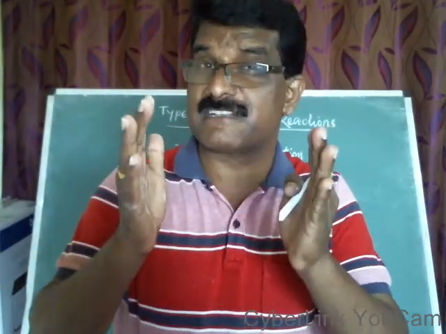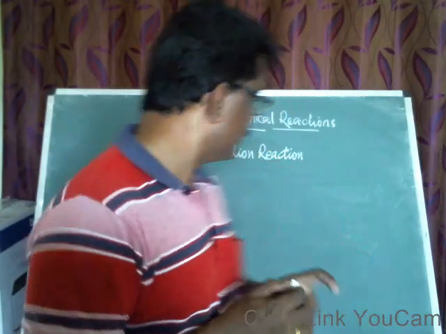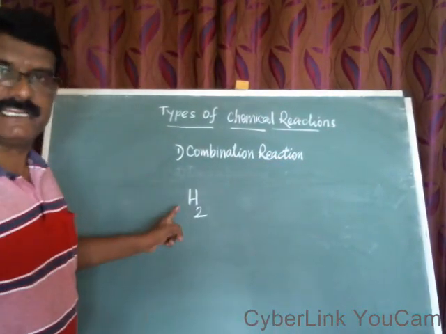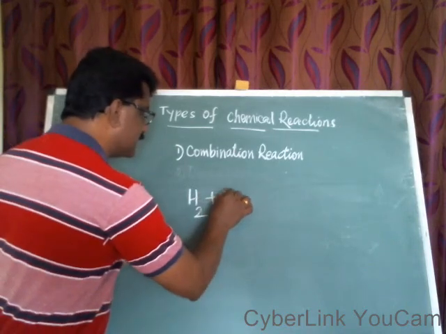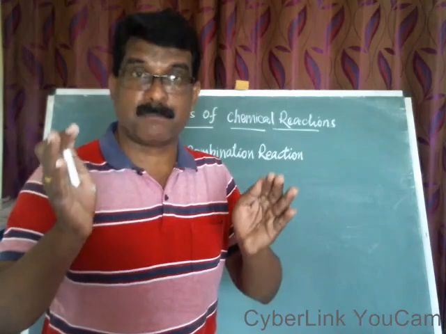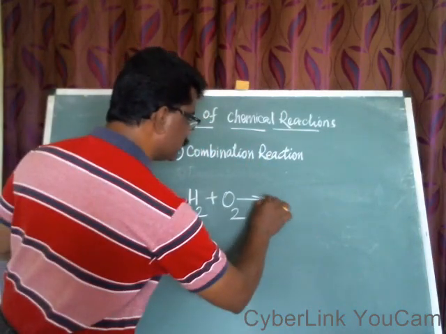Another simple example for combination reaction is the formation of water by combination of hydrogen and oxygen. When hydrogen, H2, combined with oxygen, H2 plus O2, you will be getting water, that is H2O.